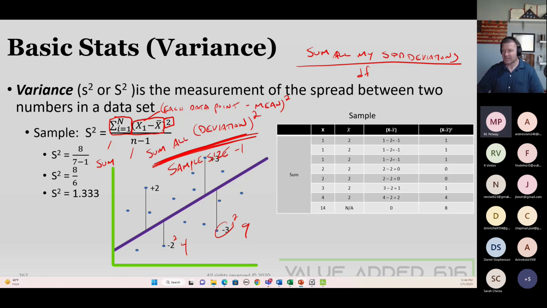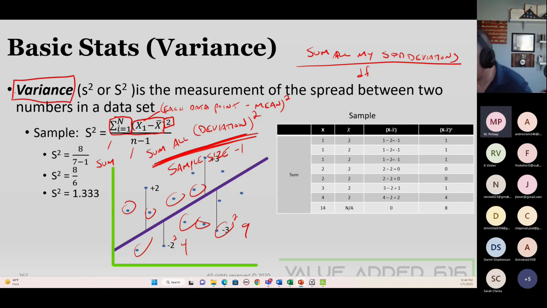And then I'm just going to add all of this one to this one, to this one. So I'm going to square them up and add them all up. And then I'm just going to divide by my sample size minus 1. And that is the formula for variance. Now we're getting closer here. Let me pause for a moment. How are we feeling?